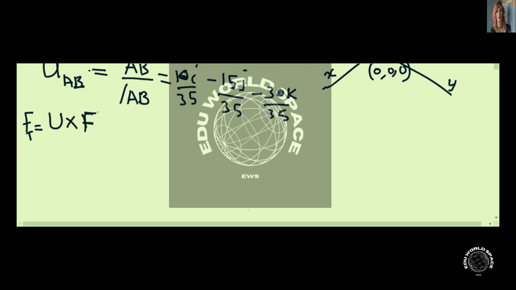When you do that, you're going to have equations that look like this: 10 over 35 FAB, minus 15 over 35 FAC equals 0. You can call this equation 1.